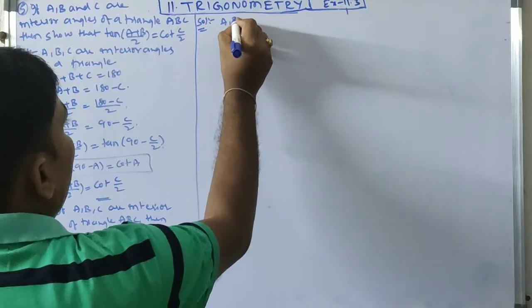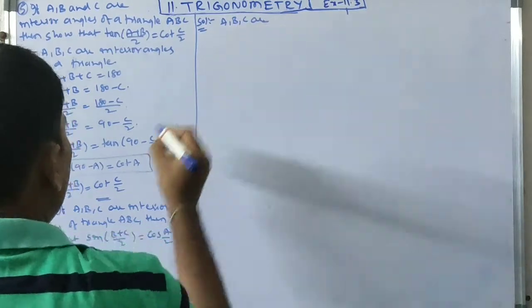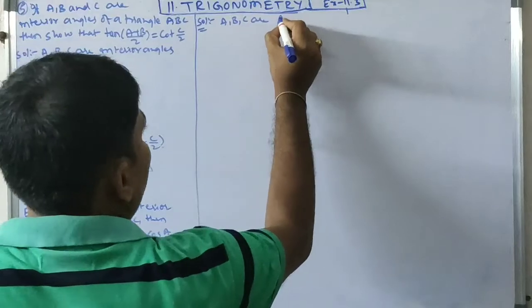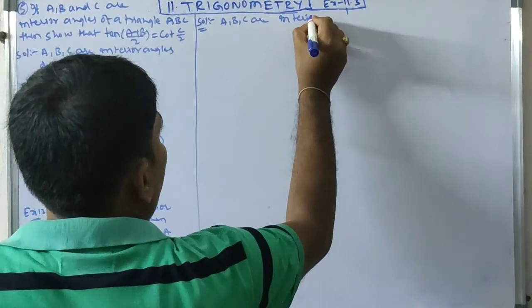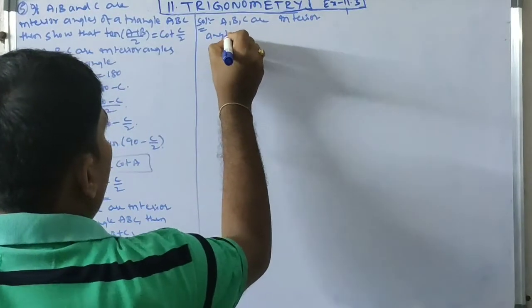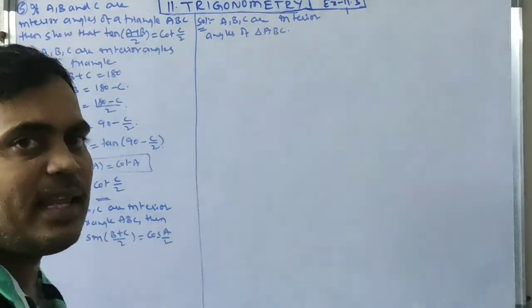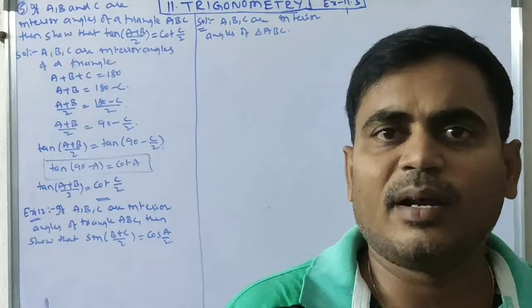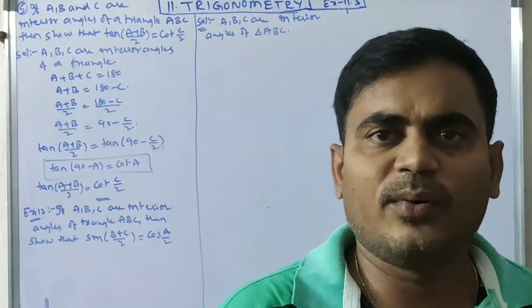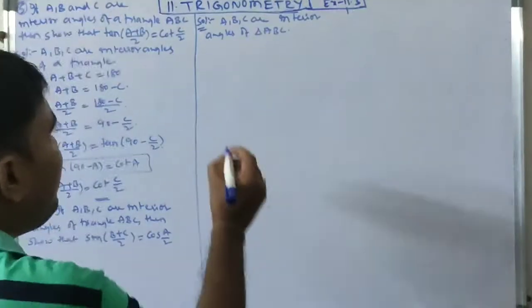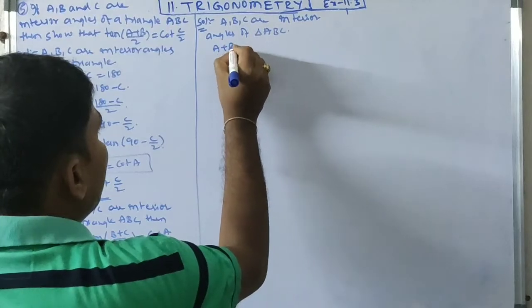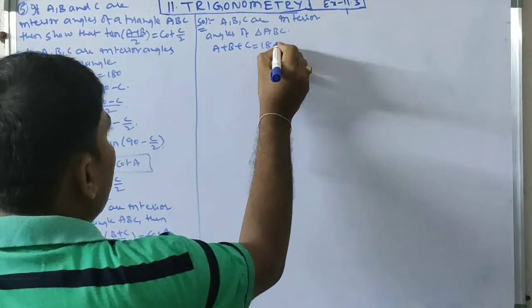A, B, C are the given interior angles of triangle ABC. Sum property: sum of angles is equal to 180 degrees. A plus B plus C equal to 180 degrees.